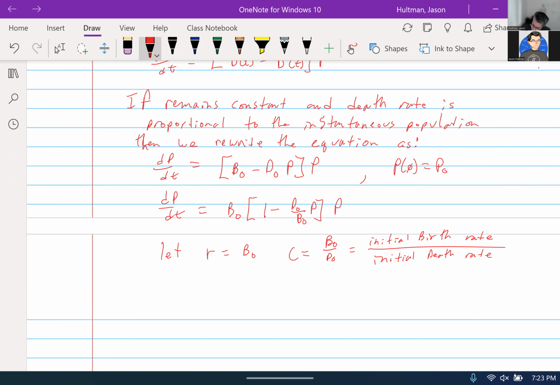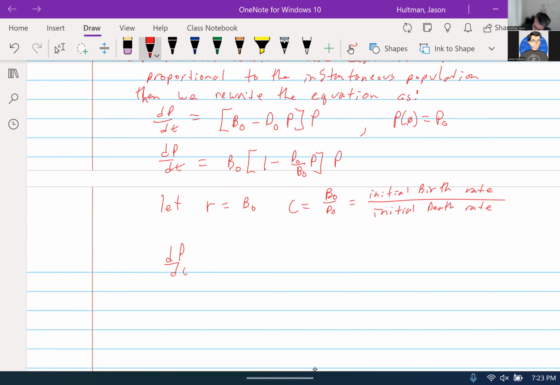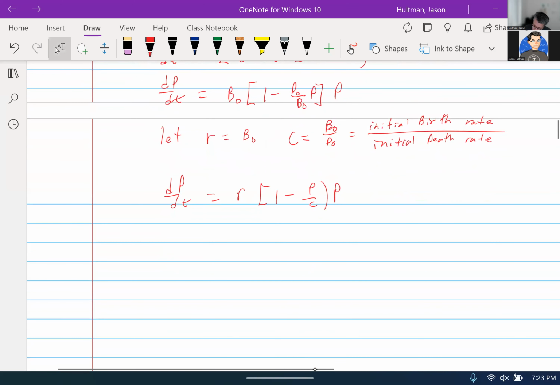And so I can rewrite this as dP/dt equals r times 1 minus P over C, times P. Notice that d naught over b naught, the reciprocal, or 1 over C, is d naught over b naught. So that's why the C is in the bottom there.